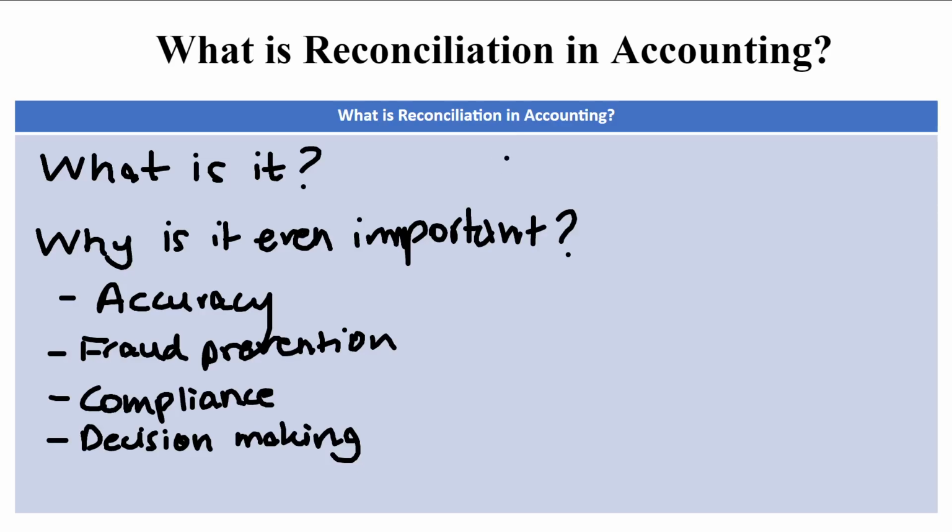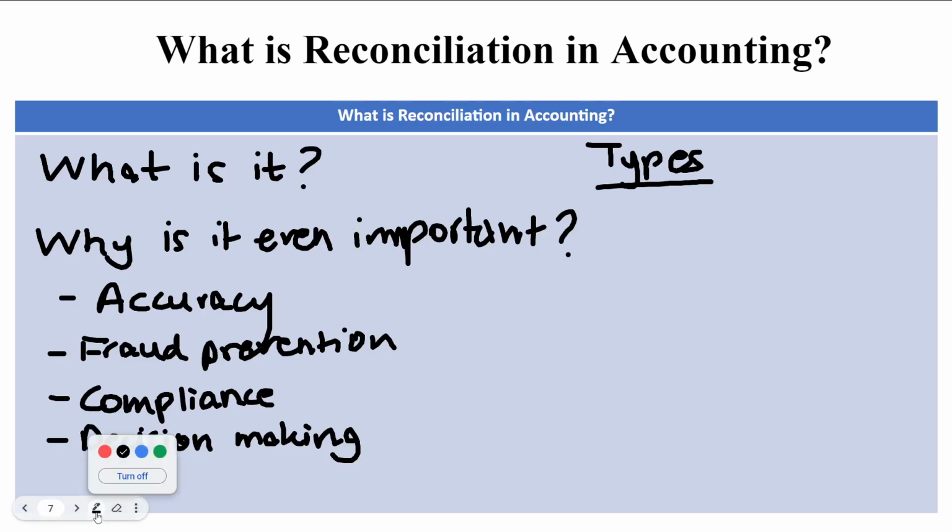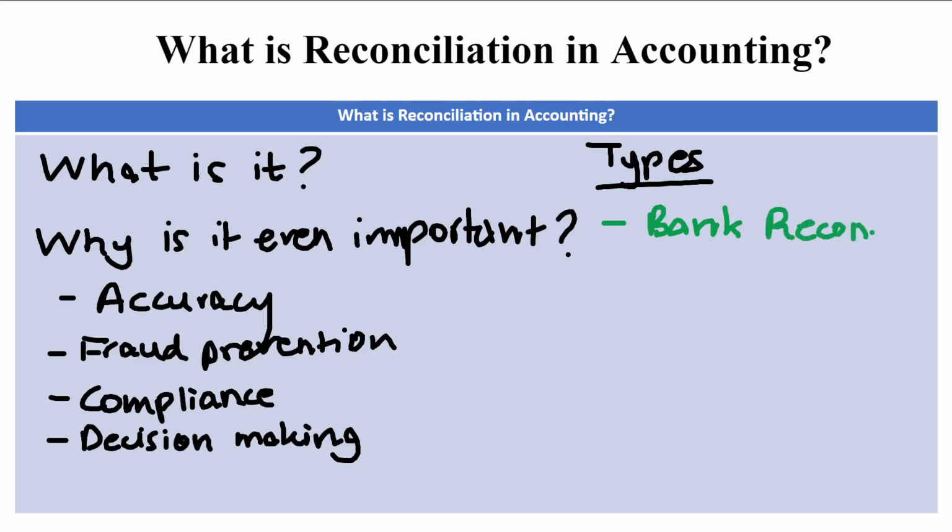So, all right, now we're gonna be looking at the types of reconciliation, all right? So I'm just gonna go ahead and write it here, types, all right? And I'm gonna change the color so you can keep track of it. All right, so the first type that we have is bank reconciliation. So I'm just gonna write bank, and I'm just gonna write the word once, and then I'm gonna copy it down.